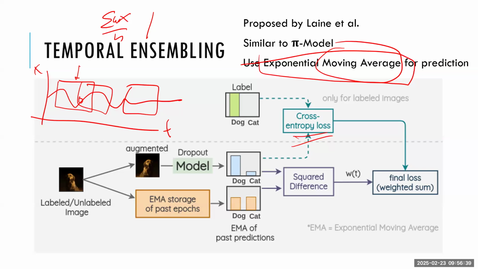Now, the difference is that for the unlabeled data, we augment it and get the prediction, and instead of comparing this prediction with another prediction in the same iteration, we compare it with the moving average of the predictions from the past, because we are doing it multiple times.